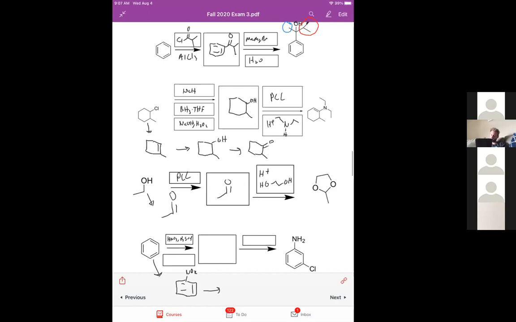So from here, if we want to chlorinate, Cl2, AlCl3. And then finally, to reduce this down, we need to throw in iron, HCl to get to our product.